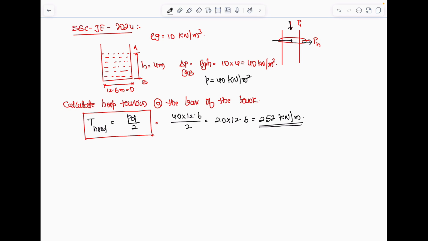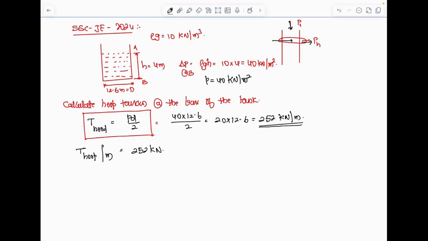Then hoop tension per unit meter is equal to 252 kilonewtons. How simple it is. Very simple. Not a big problem. It's a simple problem. You will be able to do.